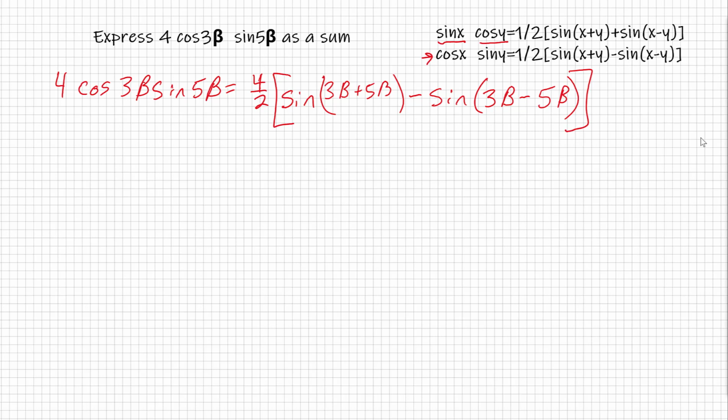Alright, and 4 over 2 is 2. Sine of 8 beta minus sine of 3 beta minus 5 beta would be negative 2 beta.